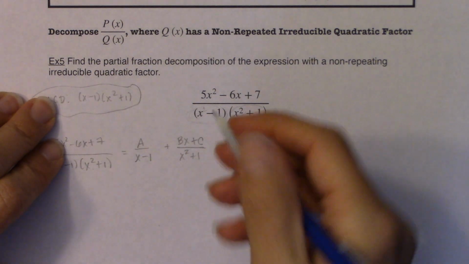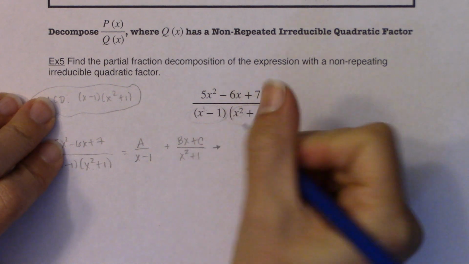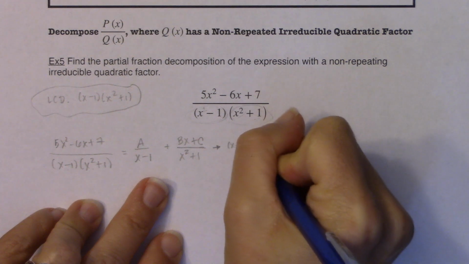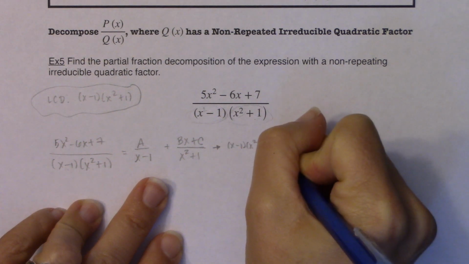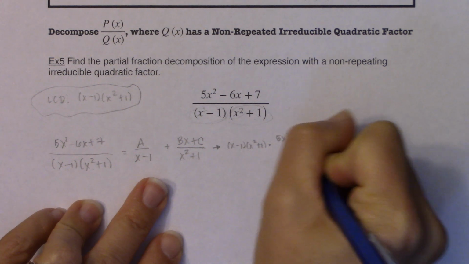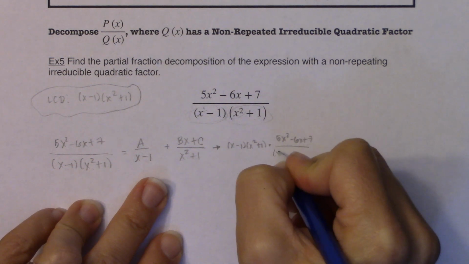Let me go ahead and start writing this, and just because I know I'm going to need space, I'm going to write this kind of small here because we're going to pretty soon cancel some stuff. So here I am multiplying my LCD to the left side of my equation.